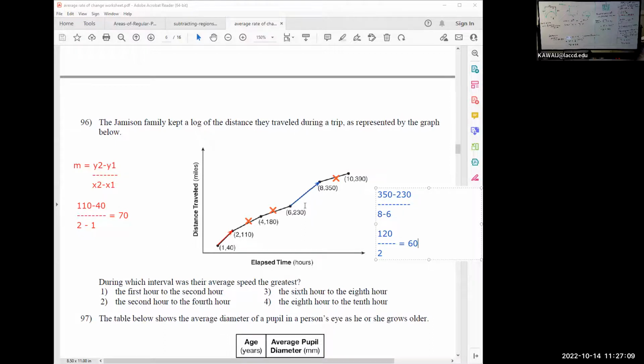So you have to recognize that if all the lines are exactly the same distance apart, then you can just look at y2 minus y1 because the bottom is the same. But because this bottom is shorter than that bottom, you have to actually do the whole slope formula.